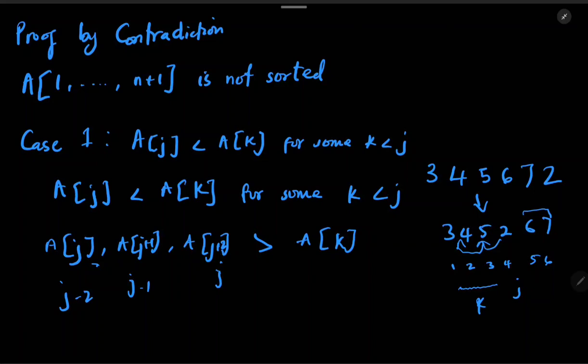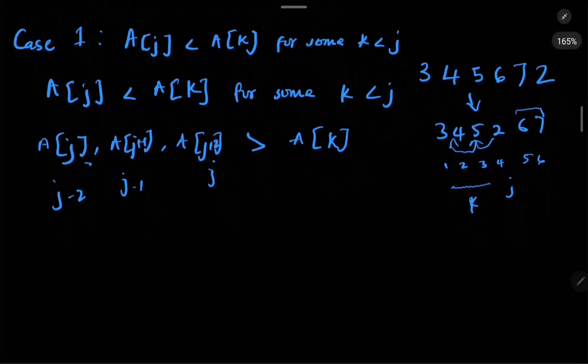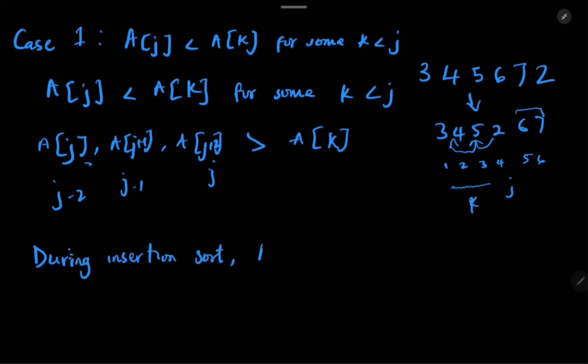So if you've put this down this way, you can then combine it here to just make the statement that I made, that during insertion sort, the number A is compared with elements before it. It's compared to numbers before it.